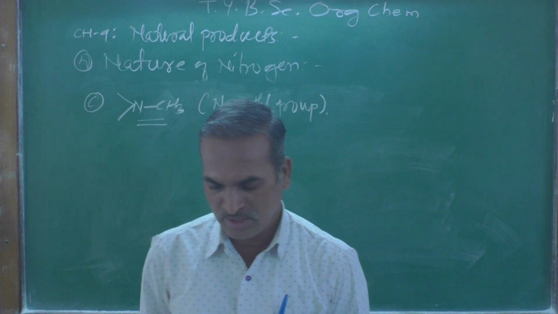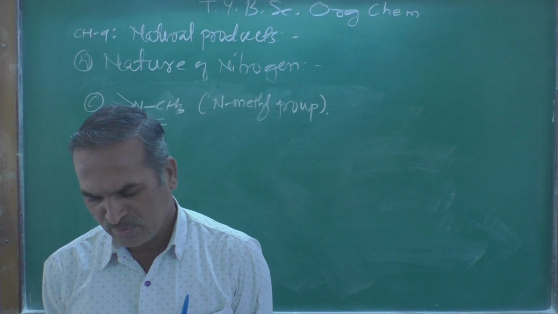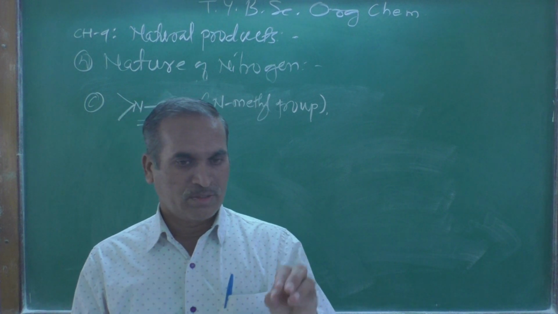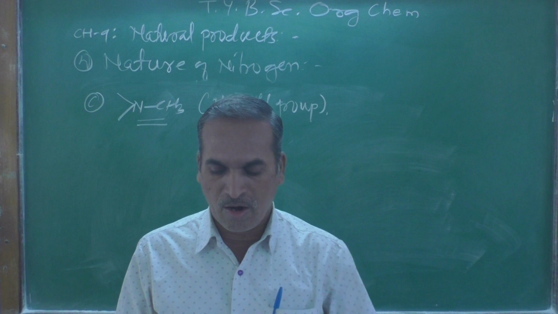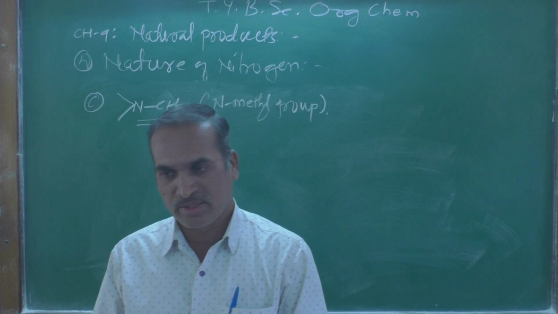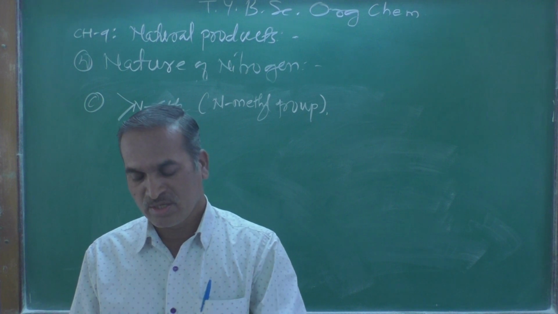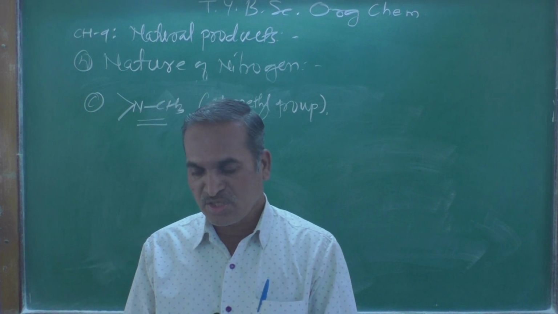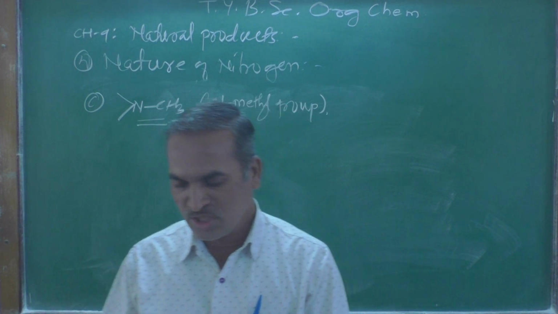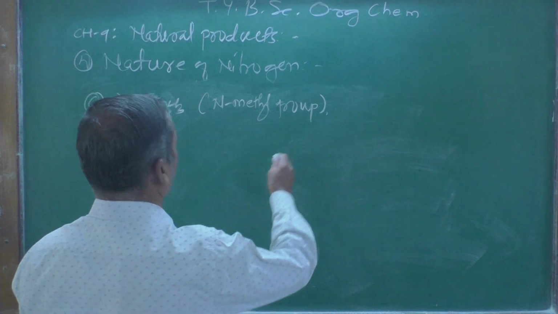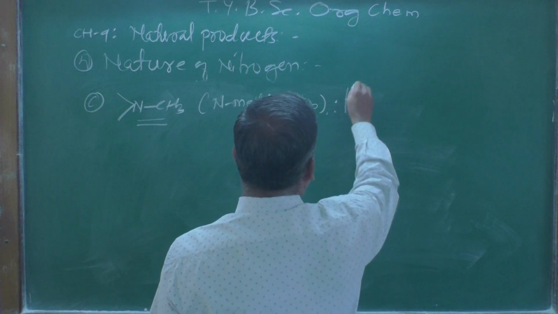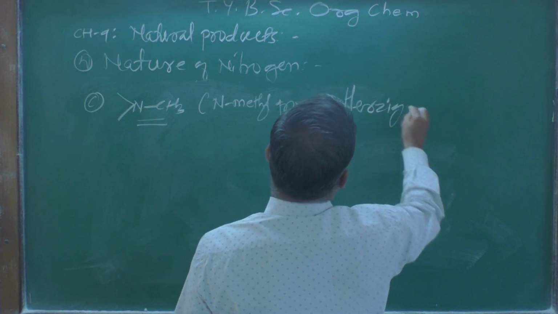Before that, this is the nature of the N-methyl group, and the first method for its detection was discovered by one of the famous scientists, Herzig-Meyer, and that's why the method is named the Herzig-Meyer method. What is that? The Herzig-Meyer method.